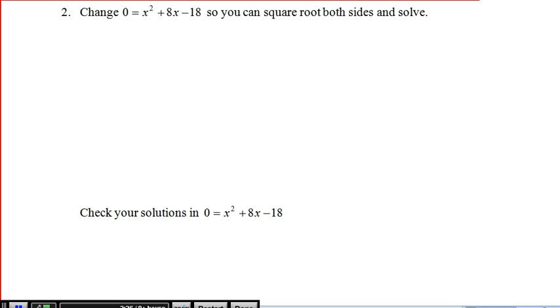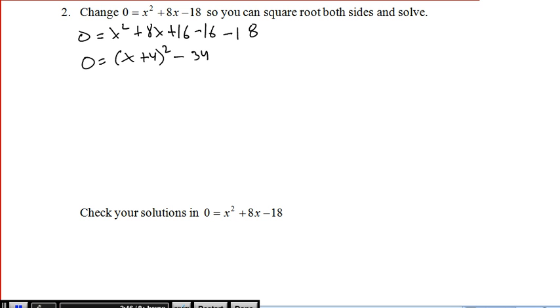Alright, going to do the exact same thing with number 2. So first I want to rewrite this with the space. So that has to be (x + 4)², which means that's plus 16 minus 16. So that's minus 34. Add 34 to both sides.